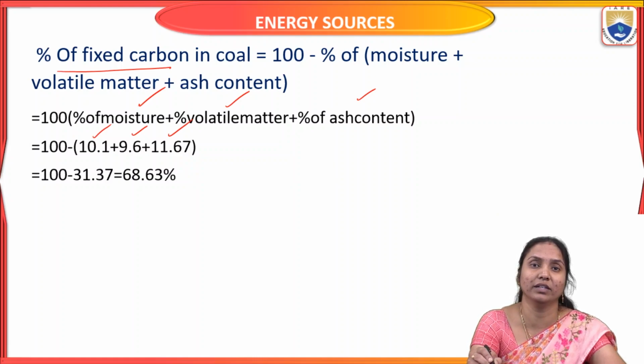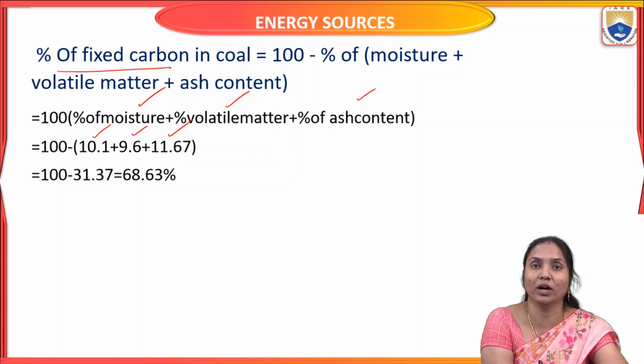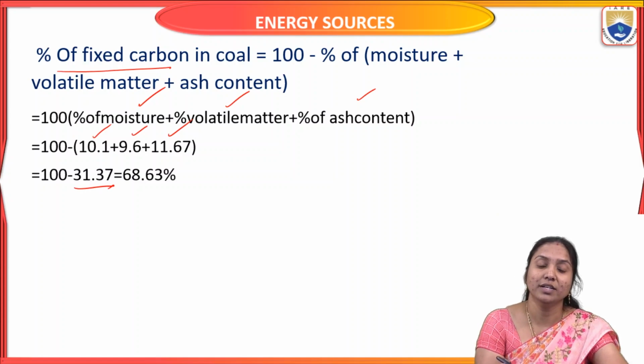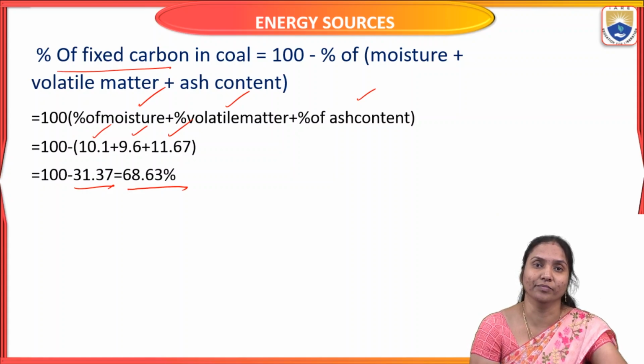Substituting these values, we get 100 minus 31.37, which equals 68.63 percent fixed carbon present in the coal sample.